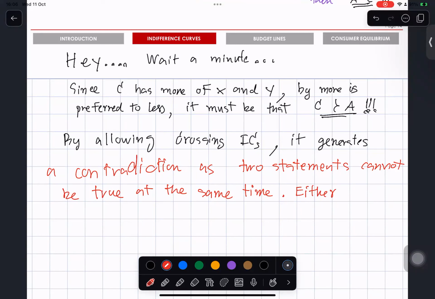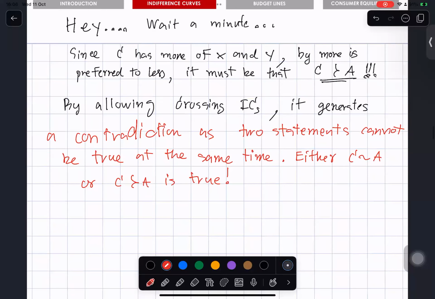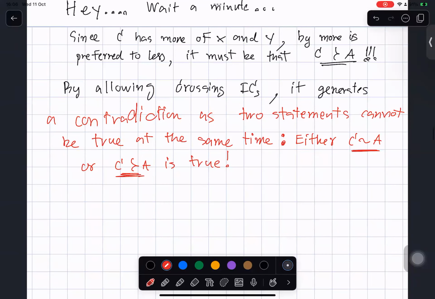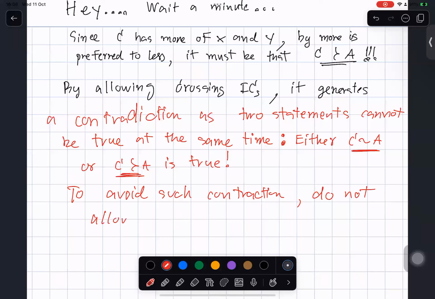Either A and C are indifferent or C is preferred to A is true; they cannot be true at the same time. Then to avoid such a contradiction, don't allow for crossing IC. End of the proof. Job done.